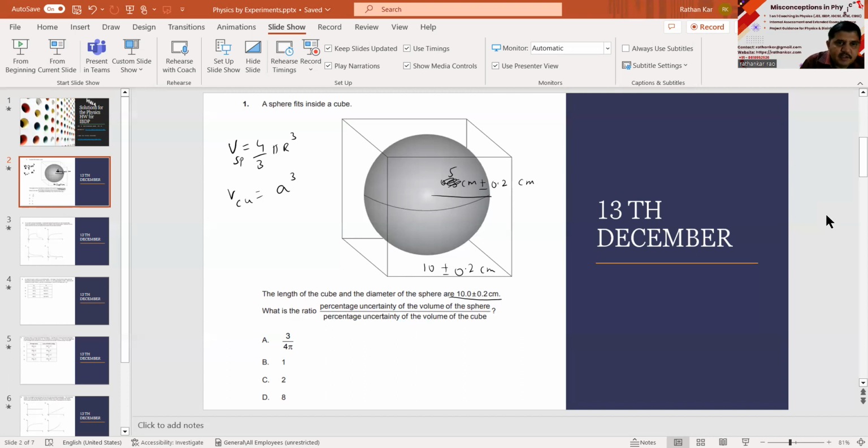So when I do delta V by V for a sphere, this should be equal to 3 times delta r by r, while delta V by V for the cube will be equal to 3 times delta a divided by a, where a is the edge of the cube. When I divide one by the other, the 3 and 3 get cancelled, and I get delta r by r divided by delta a by a.